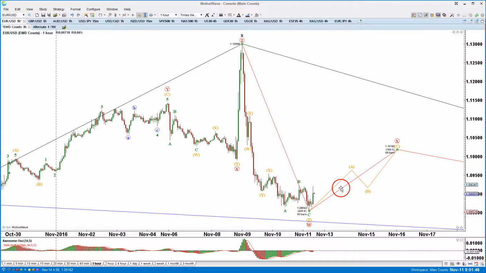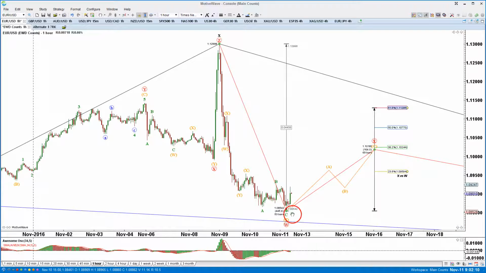The retrace for the wave X is expected at the 110.24 and the 23.6% is the 109.95. So we're talking about 100 to 120 pips for this move up from the current price. And once the wave X is over, then we're looking for a new move down.